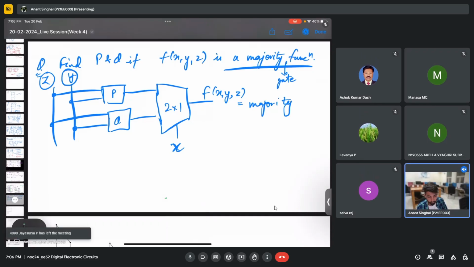First of all, let me know, is the question clear? Is there any confusion here? Then only I'll give you time to solve this. Is the question clear here? You need to calculate P as a function of Y, Z and Q as a function of Y, Z basically to make it a majority function. Is the question clear?